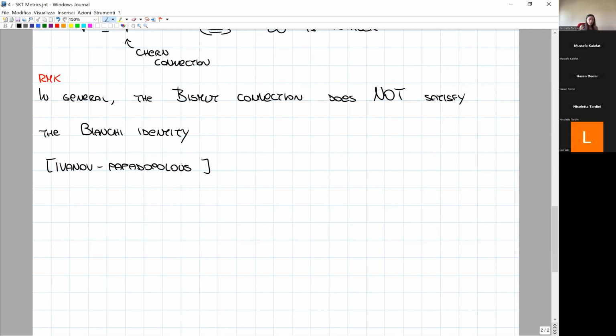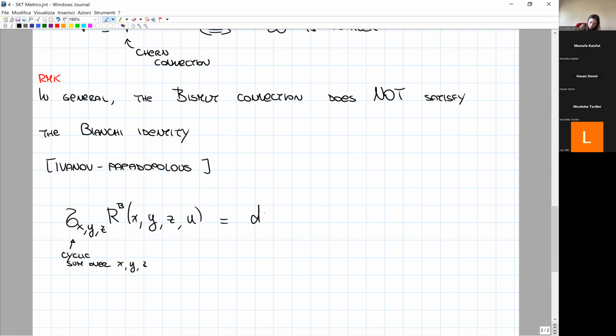If you consider the cyclic sum over X, Y, Z of R^B(X, Y, Z, U), for the Levi-Civita connection this is 0. That would be the Bianchi identity. But for the Bismut connection, this is not 0.